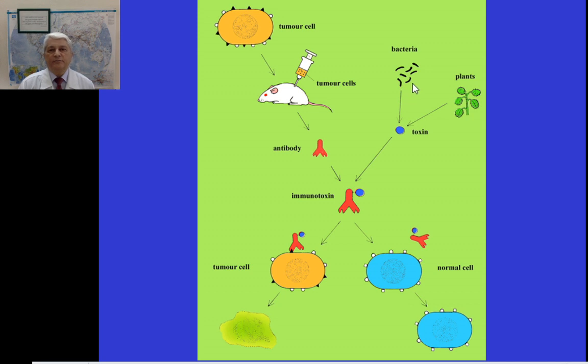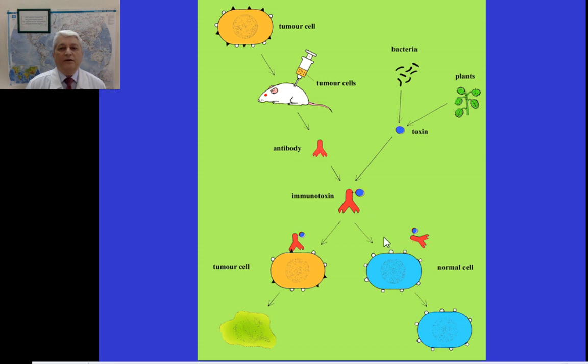Then we take a poisonous bacteria or poisonous plant, purify the toxin, and chemically combine the immunoglobulin, the monoclonal antibody, with this toxin. And finally we receive immunotoxin. Then we inject this immunotoxin into the body of the patient.